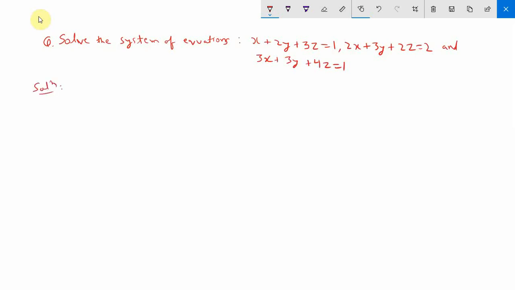So how to proceed? See, as three equations are given, so we will write this in the matrix form.